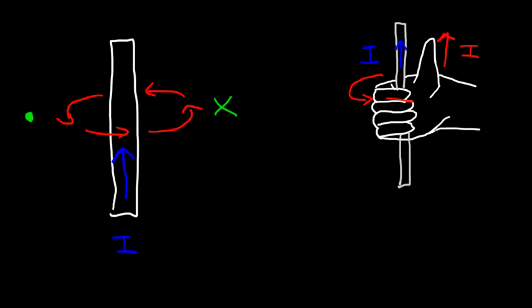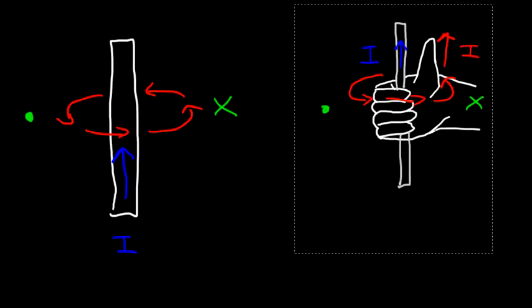And then on the right side, your hand curls into the page. And so the way your hand curls around that wire is the way the magnetic field created by the moving charge travels around the wire. It's out of the page on the left side, and it's going into the page on the right side.